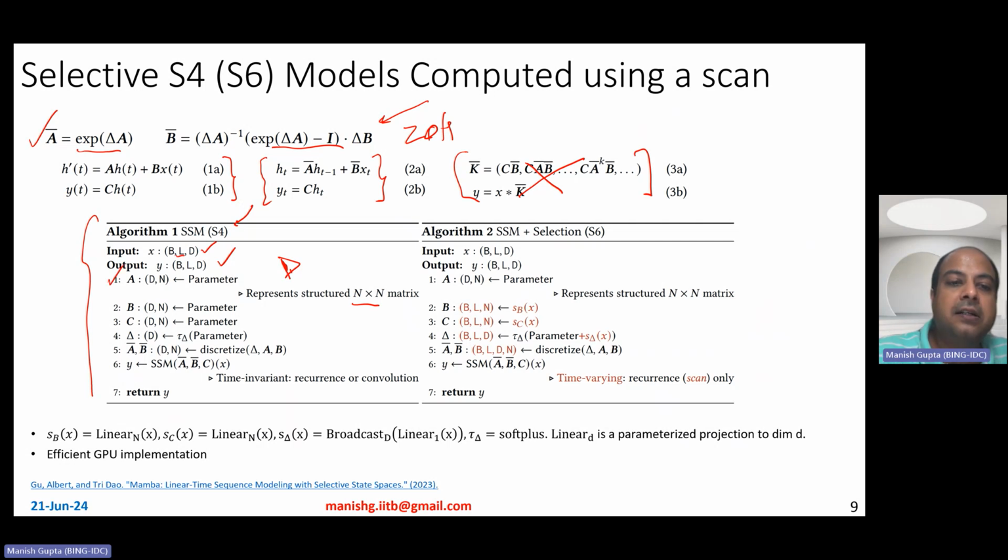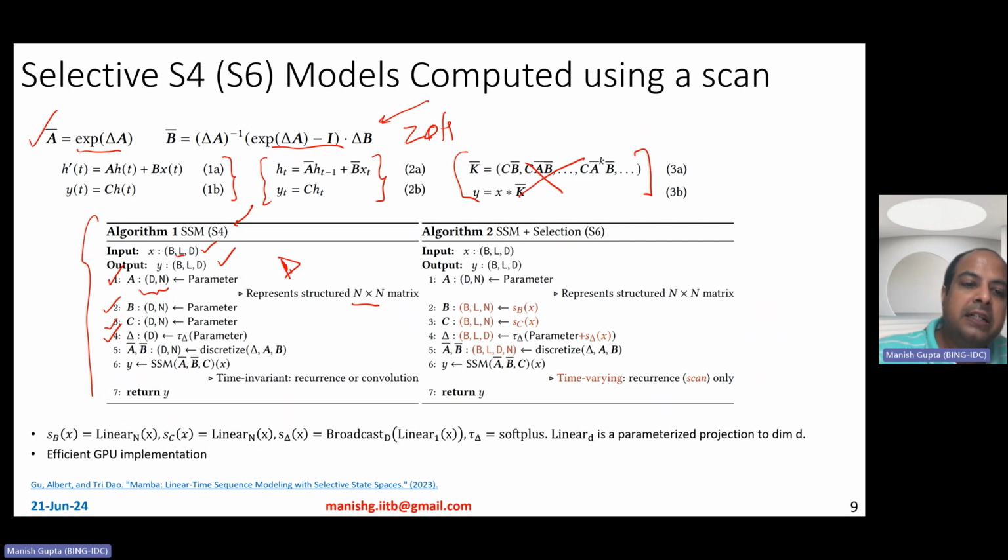Well, earlier when I mentioned, it basically becomes a 3n-sized vector, one for lambda, one for p, and one for q. But later, people also came up with other variants where they could express A as a single diagonal matrix, which basically means that you just have one n-sized vector. Okay. So for D different SSMs, you have a dn-sized parameter. Similarly, B, C, they are also dn-sized parameters. Delta is basically a d-sized parameter, one for each SSM.